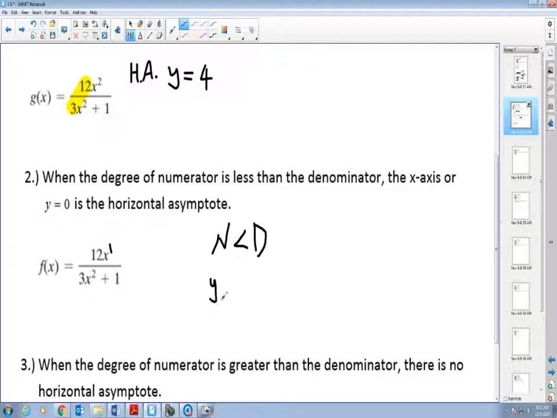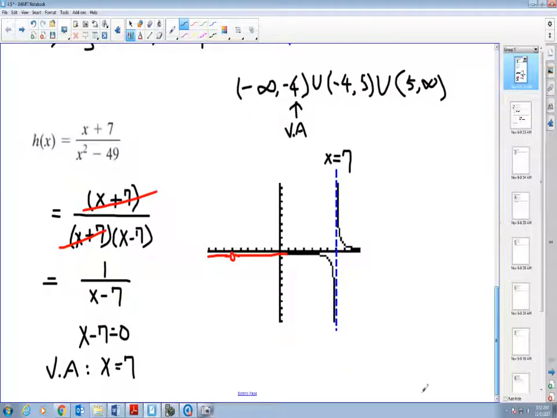So y equal to 0, the x-axis, will be my horizontal asymptote. Let's go back up to the previous problem we just graphed. Degree of numerator is 1, degree of denominator is 2, so the numerator is less. That means the horizontal asymptote is actually the entire x-axis.